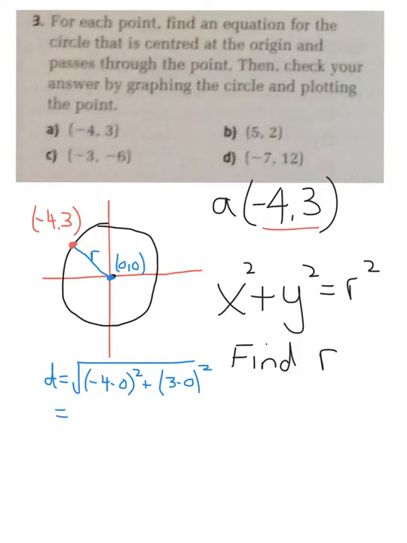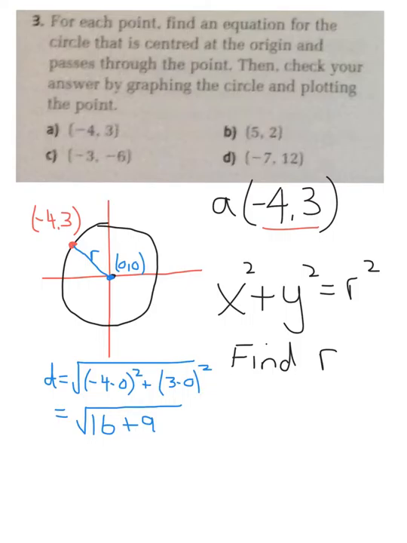So negative 4 minus 0 is negative 4, square it 16, positive 16, plus 3 minus 0 is 3, square it 9. Now take that mistake in there away. Where's my eraser? It's not there.